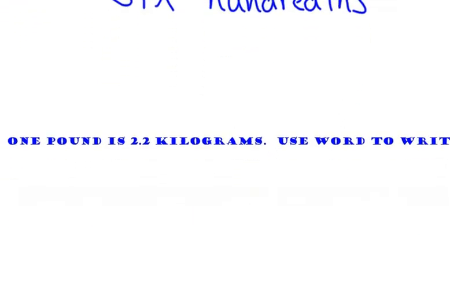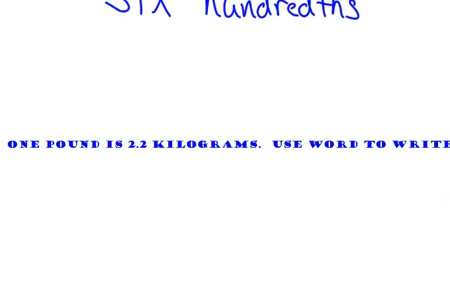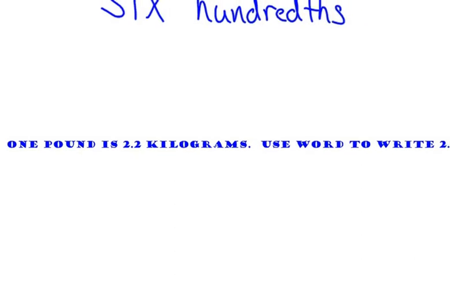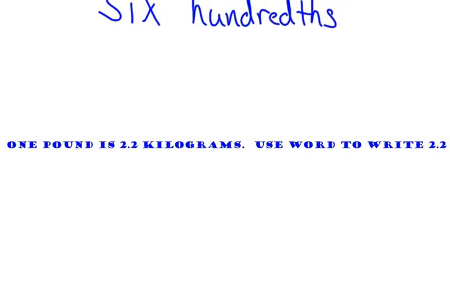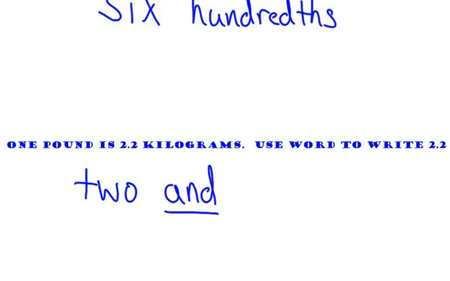Right? Another example. 1 pound is 2 2/10 of a kilogram. Use words to write 2 2/10. If we read it the right way, instead of saying 2.2, which is an acceptable way to say it, but if we read it the mathematical way, 2 2/10, we would write this as 2 and referring to the decimal.